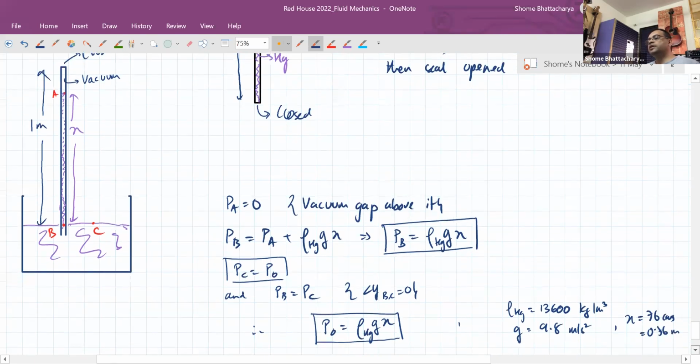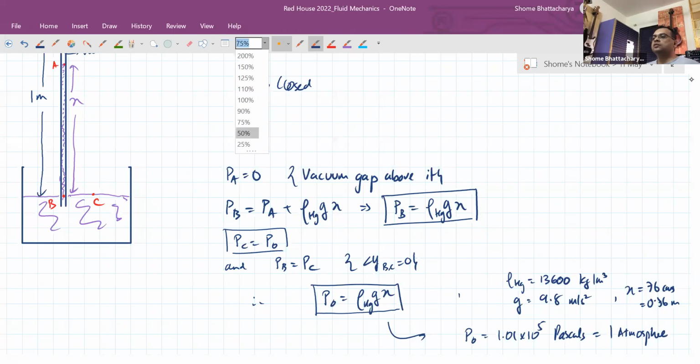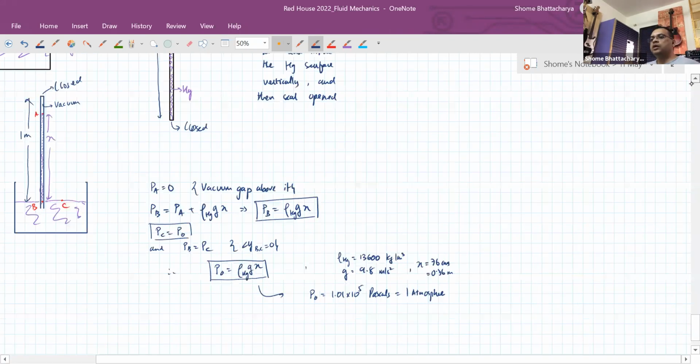When you substitute that, the measured value of atmospheric pressure at sea level comes out to be 1.01 times 10 raised to 5 pascals. And this is called 1 atmosphere. The barometric unit is 1 atmosphere. Or sometimes we also refer to it as 1 bar, a pressure of 1 bar.